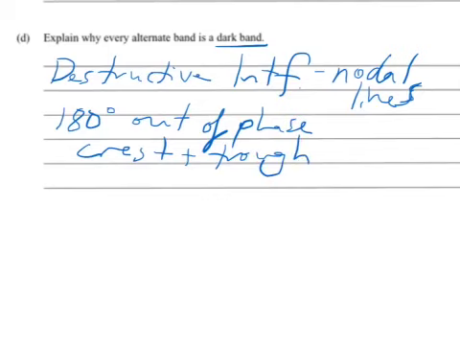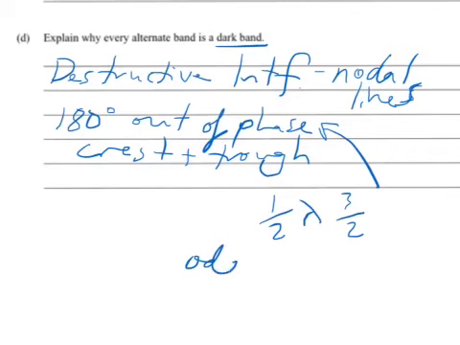And this happens when, linking in with that 180 degrees out of phase, we have a half wavelength path difference, or three halves, or five halves. So it has to be an odd number of half wavelengths out.